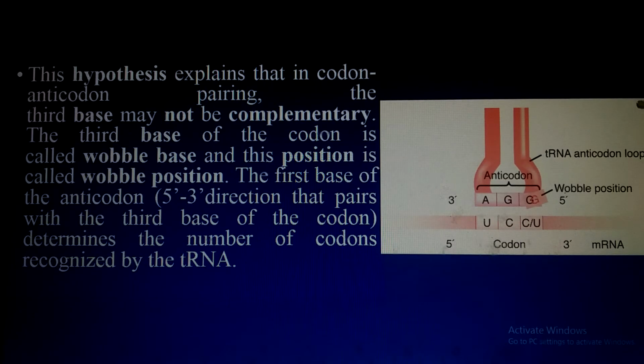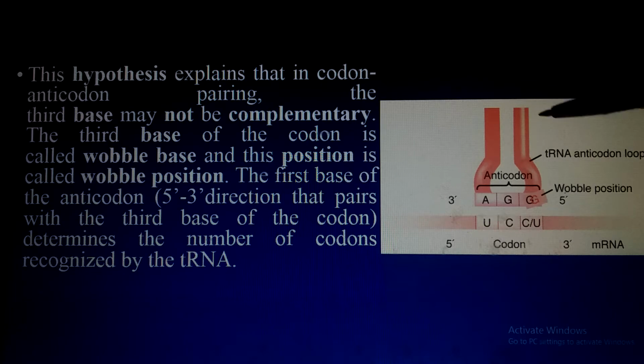Now, what will happen? This hypothesis explains that in the codon-anticodon pairing, you know that the anticodon is present in the transfer RNA, which is responsible for the translation of the codon, to pick up the specific amino acids from the cytoplasm for protein synthesis.